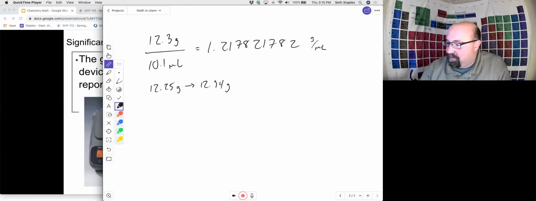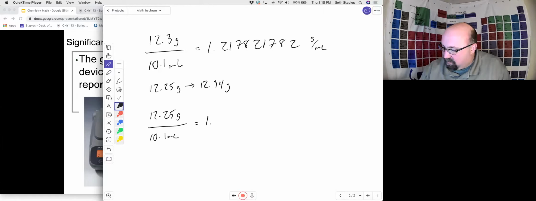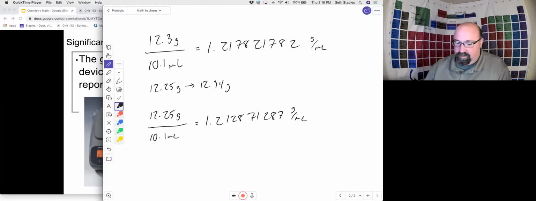So let's say that the mass was actually closer to 12.25. That would have returned 12.3 on the balance. But if it was actually 12.25 grams divided by our 10.1 milliliters, then that would give us a number of 1.21287127 grams per milliliter.